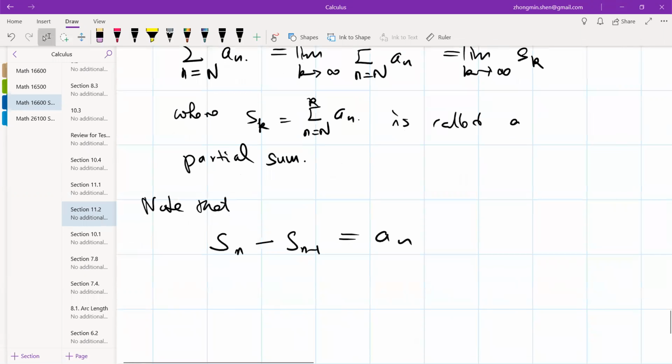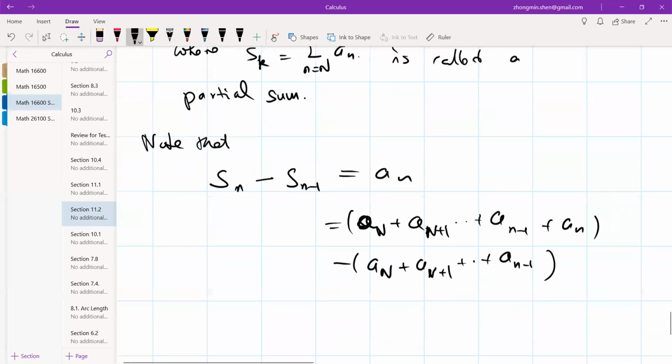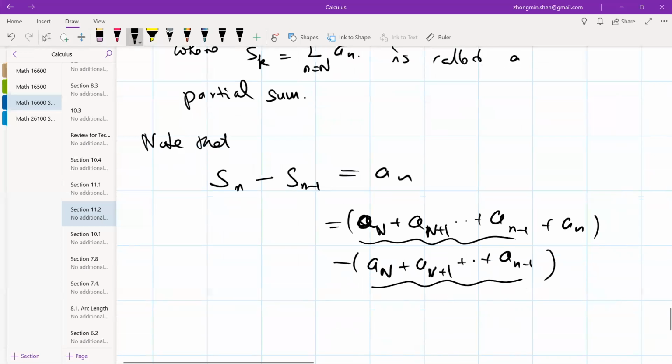Well, the partial sum is going to be a1 plus up to a_{n-1} plus a_n, and the other one is a1 up to a_{n-1}. So the common terms will be cancelled out. That's good. This is a nice identity.